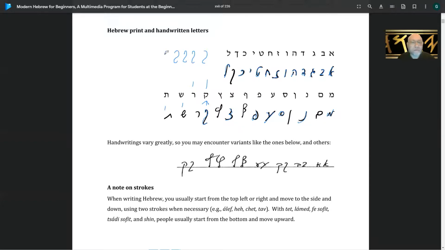Kof. Let's see if I can get it a little better. Kof. Now, putting Kof with a Resh.